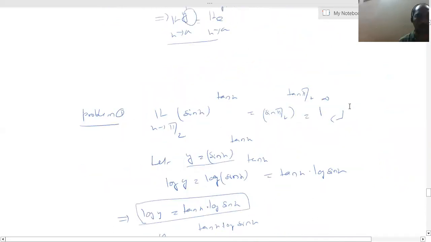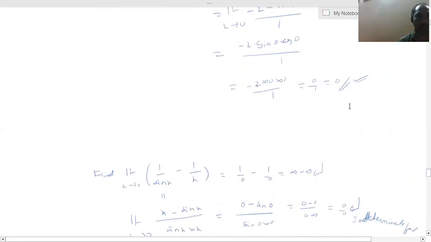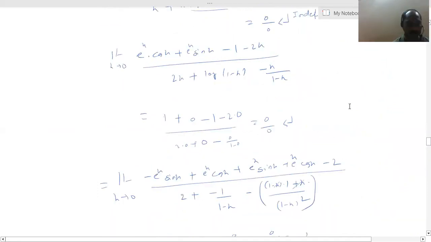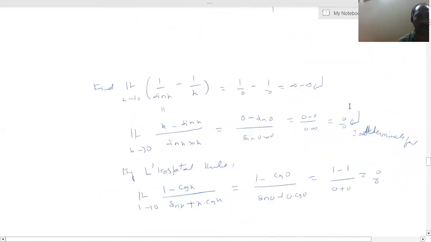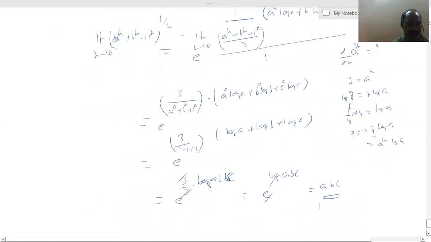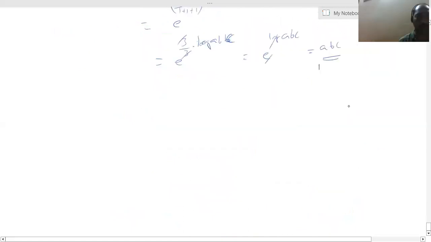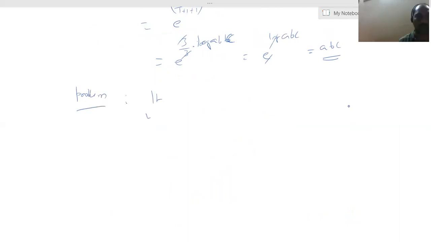So this is another problem in this model. The last problem in this model, and we stop the concept. Limit x tends to 0 of (tan x by 3) whole power 1 by x square.